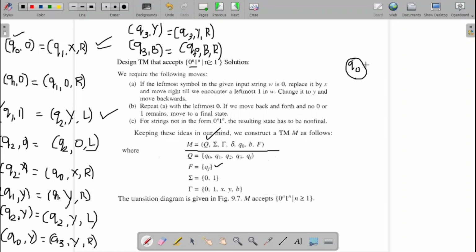From Q0, the first possibility is a 0, and I will go to the state Q1. So how will we process Q0 on 0? I will replace it with X and the movement is right.